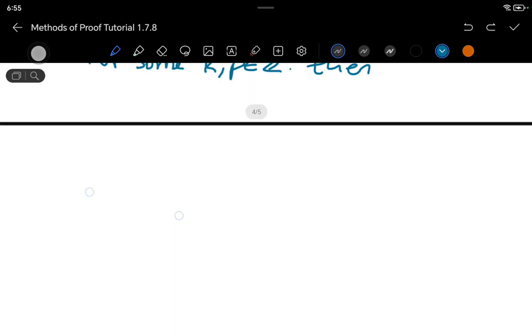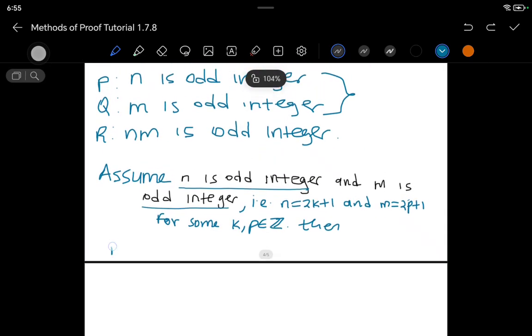You see, right? Now I take nm will be equal to, I plug my n is 2k plus 1, then I plug my m is 2p plus 1. And this will be 4kp plus 2k plus 2p plus 1.